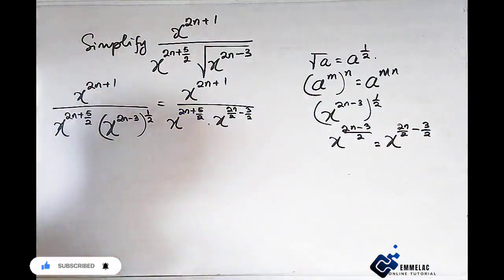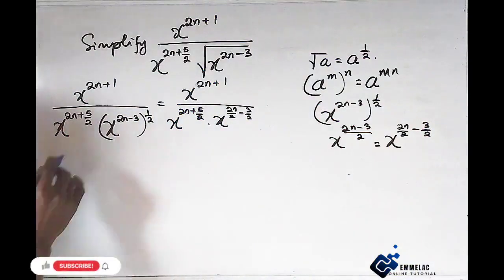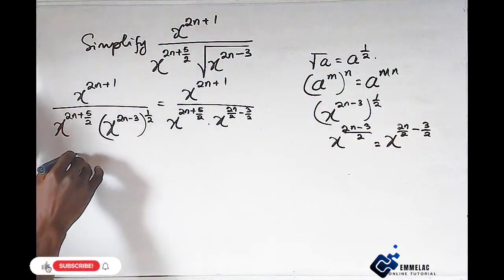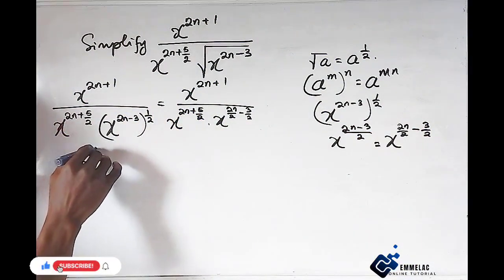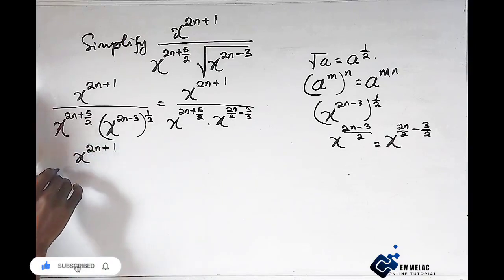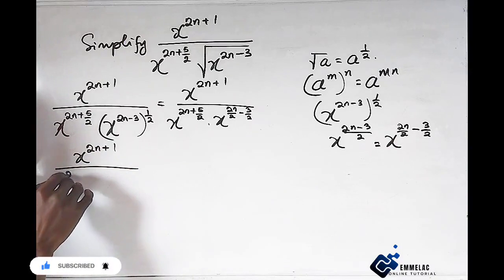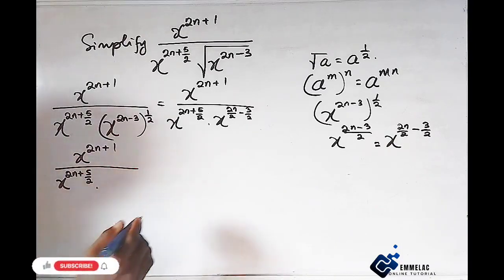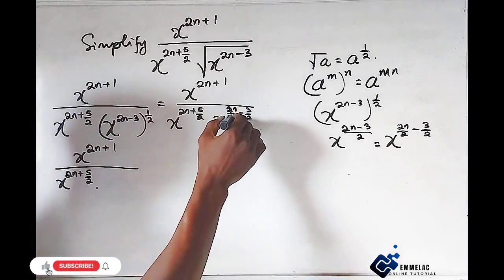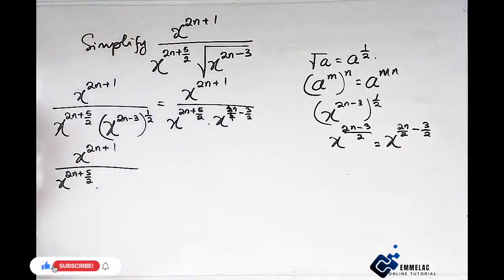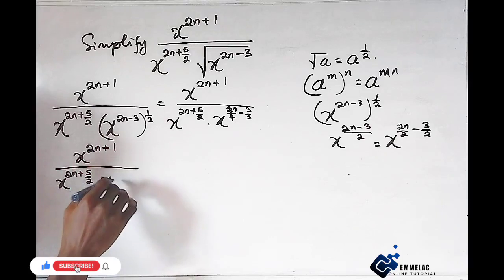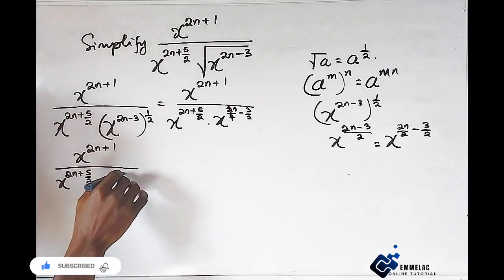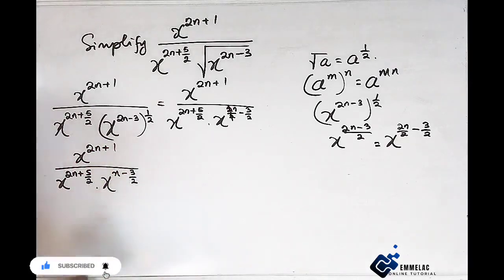That's how I got this. Now we can say x raised to the power of 2n plus 1 all over x raised to the power of 2n plus 5 all over 2, times, now we can eliminate 2 and 2 here, x raised to the power of n minus 3 all over 2.